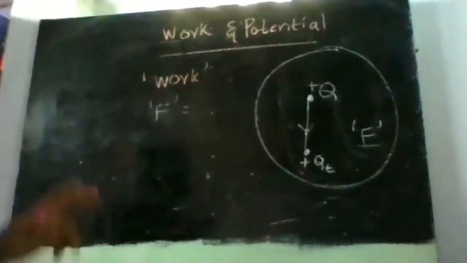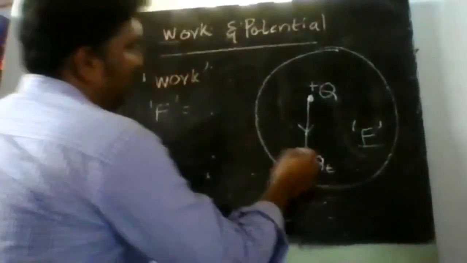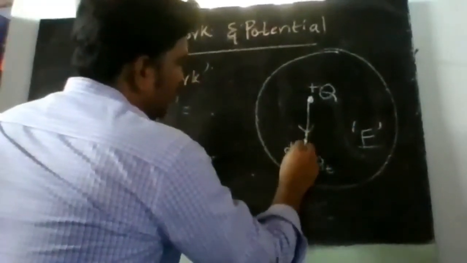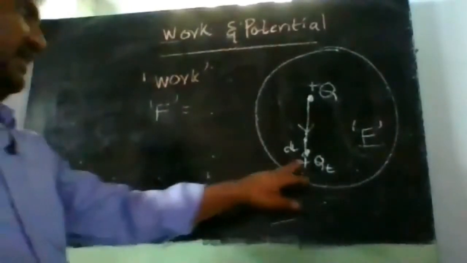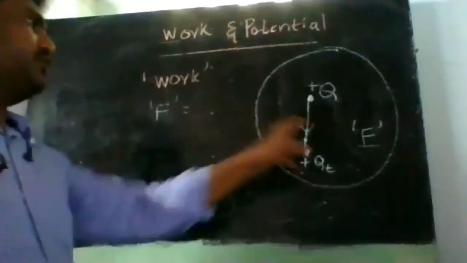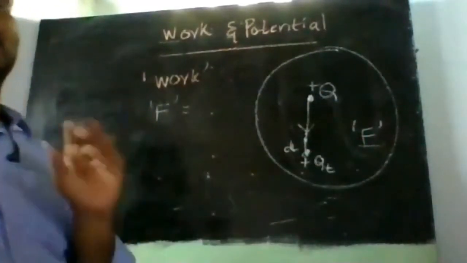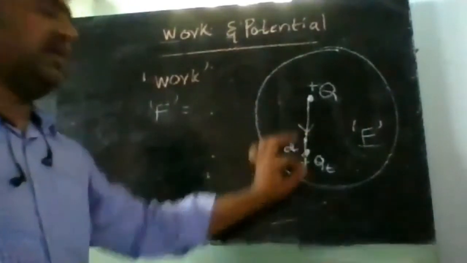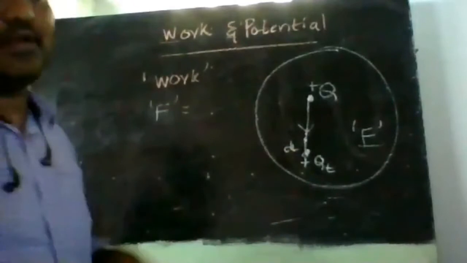If I want to move this test charge by a small linear distance, say dl, I should apply the same amount of force F, or a little more, and move it a small distance. So I am applying an opposite force.